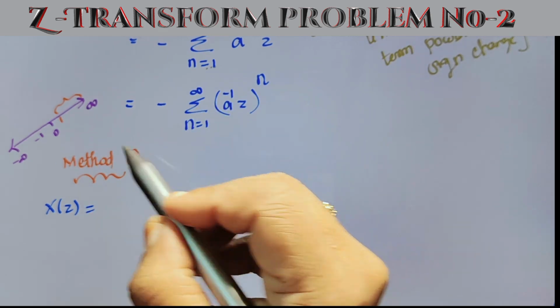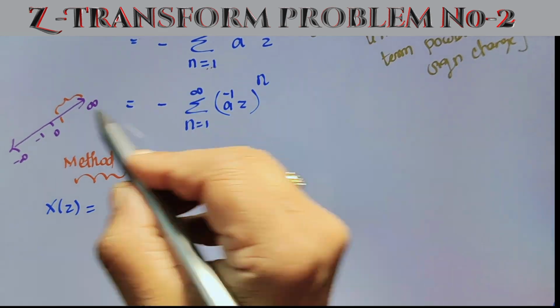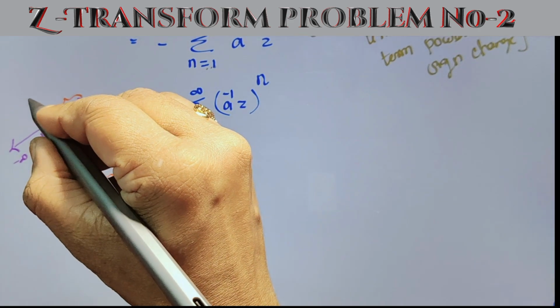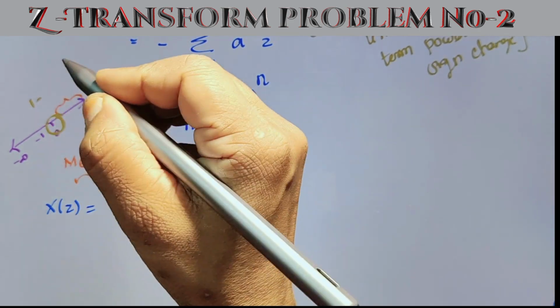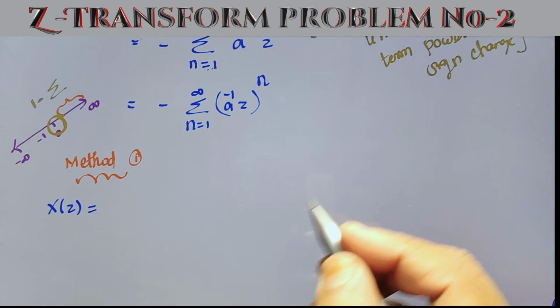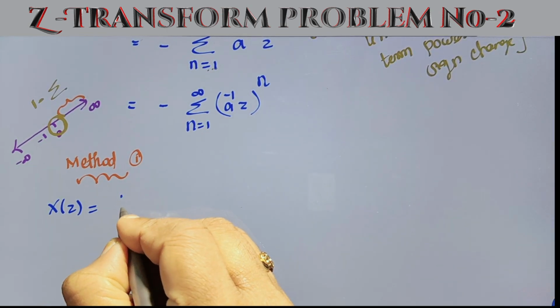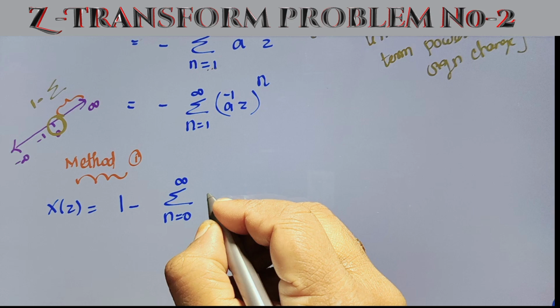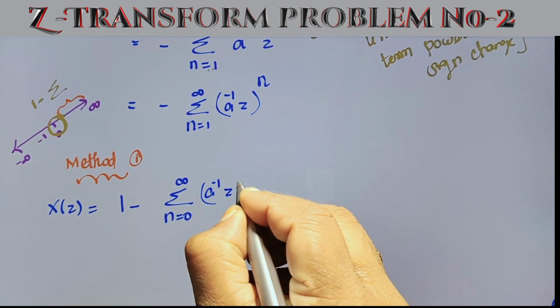1 to infinity, here in between, this range is there, no? So this can be 1 minus the summation. See here, how to write: 1 minus summation n equal to 0 to infinity a power minus 1 z, the whole power n.